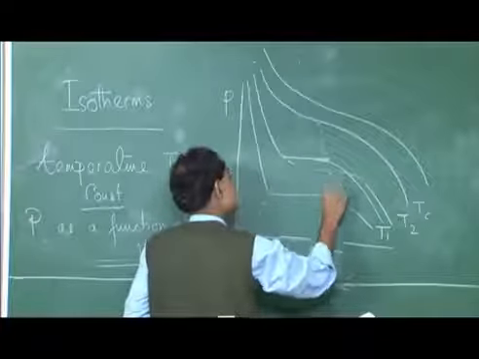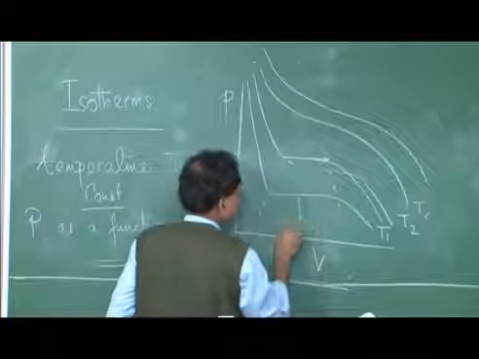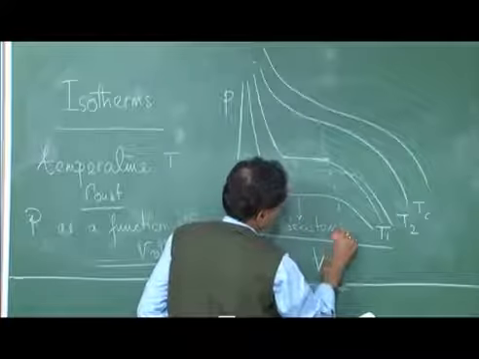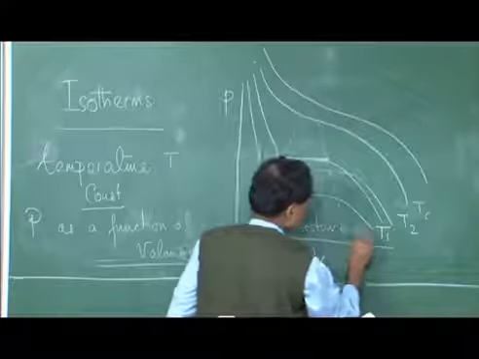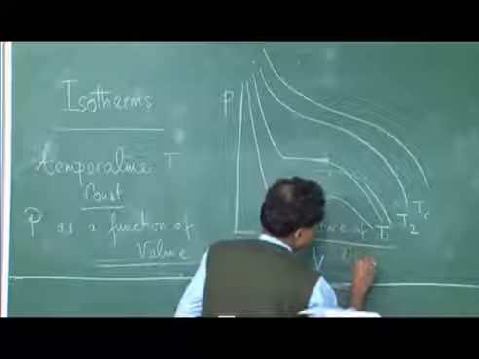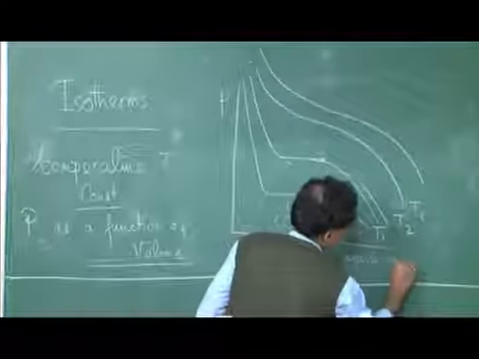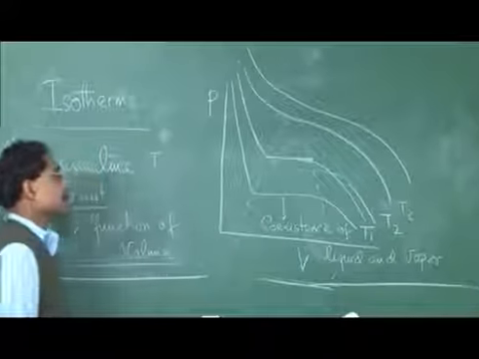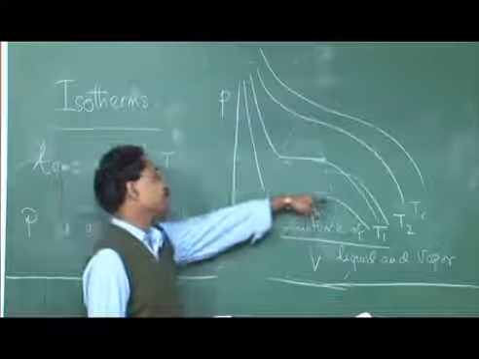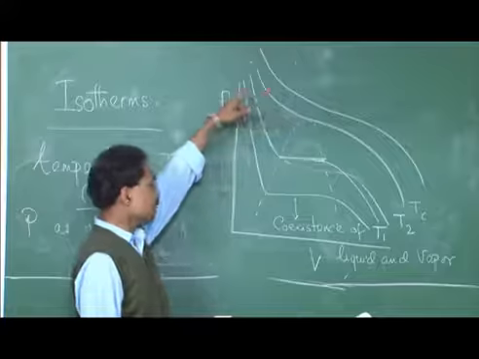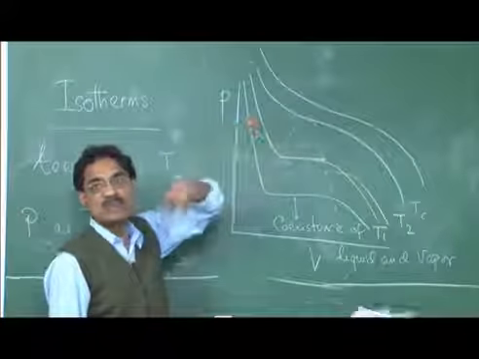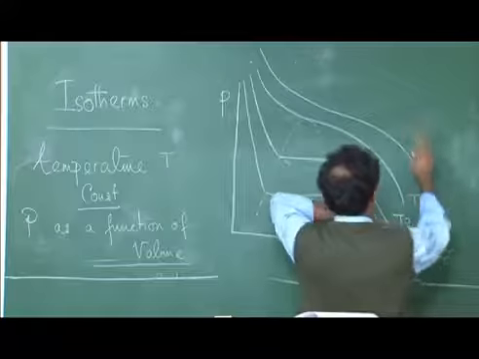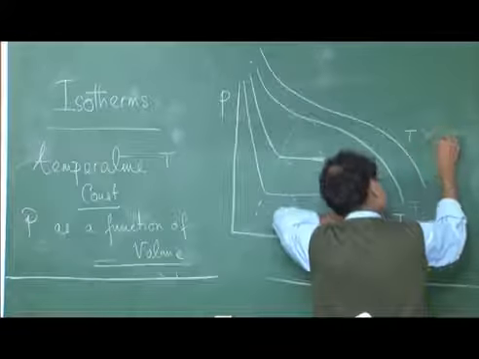This region is coexistence of liquid and vapor. So, you increase the temperature, you go from one phase to the other, temperature is increasing in this direction, this is T greater than Tc.